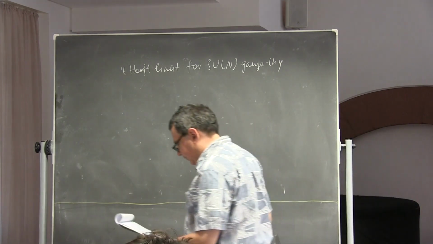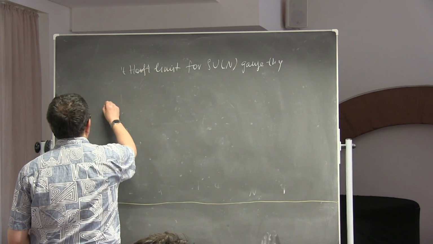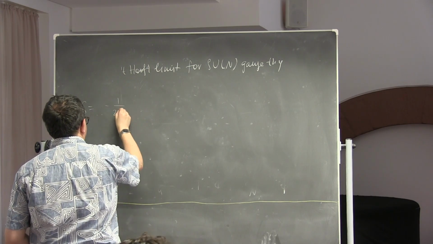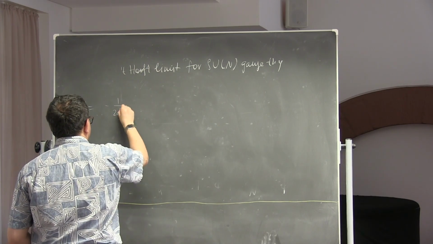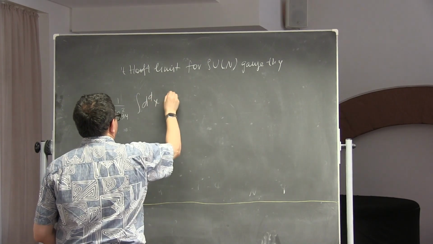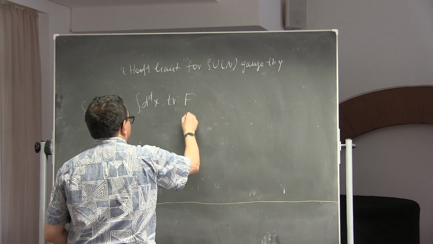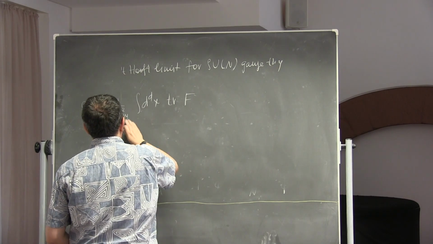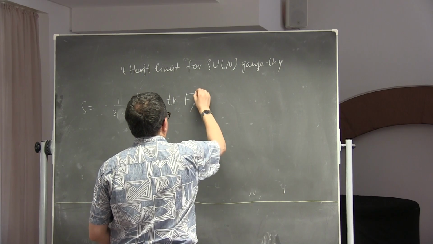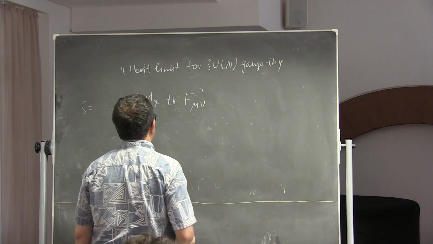We just have, so S is equal to minus 1 over 2 g_YM squared, integral d^4x, trace F_mu nu squared. Actually, let me put this g inside F_mu nu.